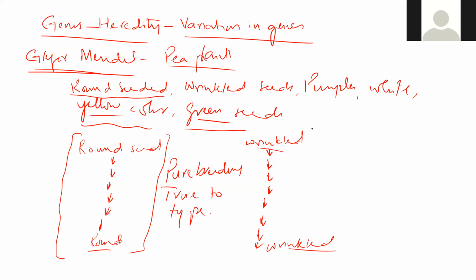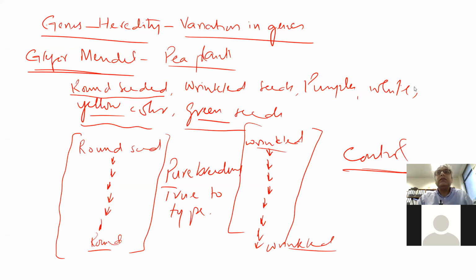Such experiments in biology we call controls. A control serves as a reference for our experiment, because we have a material which is always going to produce either round or wrinkled. If the parents were round, it's always going to produce 100% rounds.